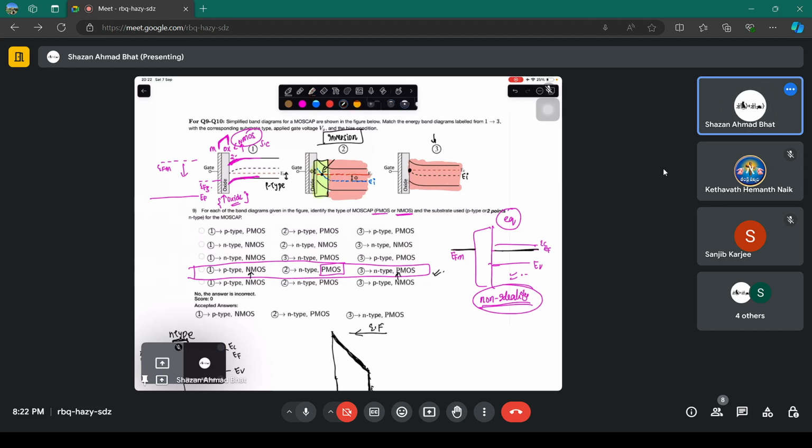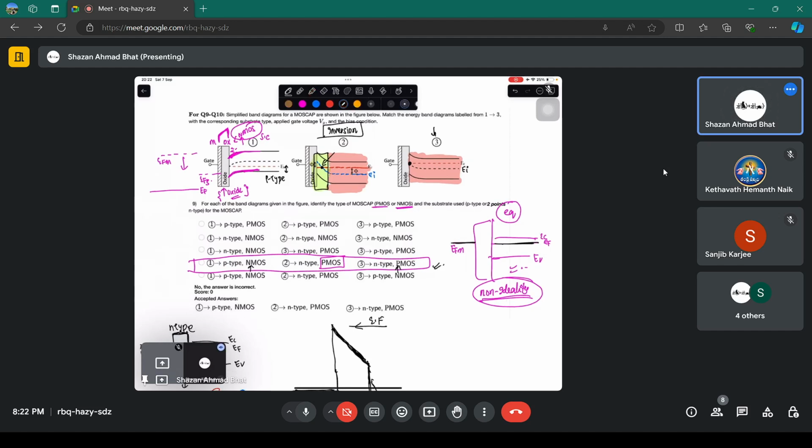But what comes here is depleted charges, immobile charges, depleted. Depleted of what?